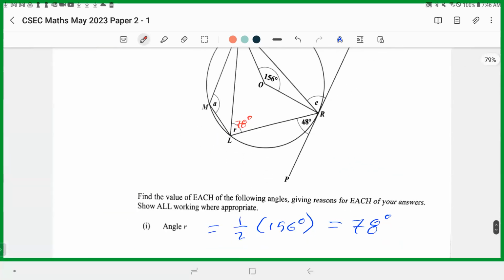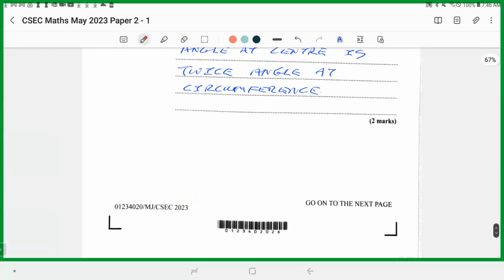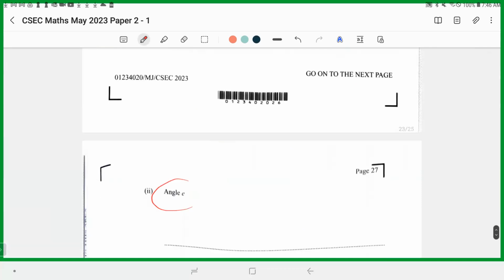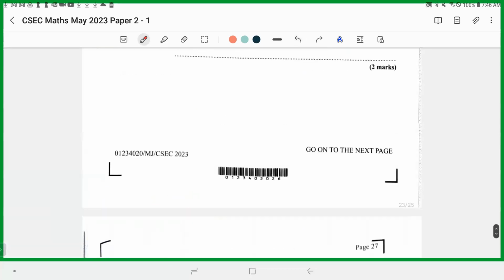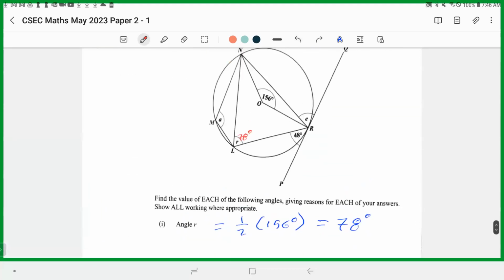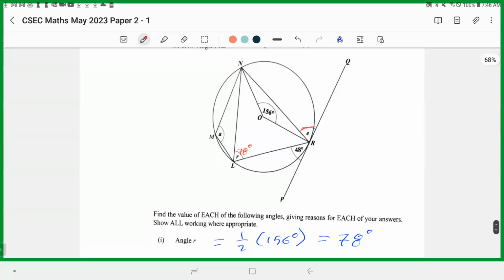All right. The next angle I want is angle E on the diagram. Where's that angle? Angle E is this one out here. That angle is the angle between this tangent and this chord. So we're talking about the angle between a tangent and a chord.